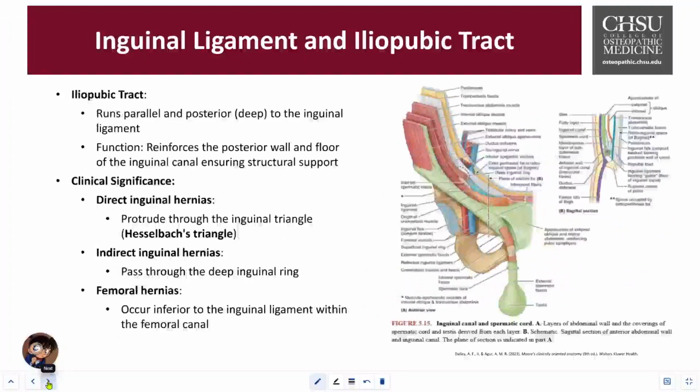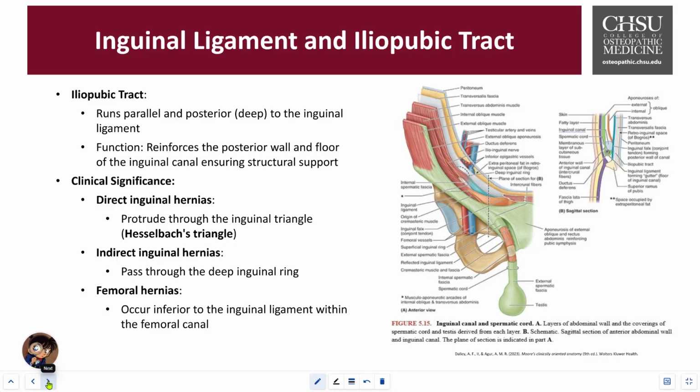The iliopubic tract runs parallel and posterior to the inguinal ligament. This reinforces the posterior wall and the floor of the inguinal canal and ensures that there's structural stability. It plays a role also in types of hernia classifications. So the clinical application and significance is that in the inguinal and femoral hernias, direct inguinal hernias protrude through the Hesselbach triangle, a region that is a weak spot in the abdominal wall.